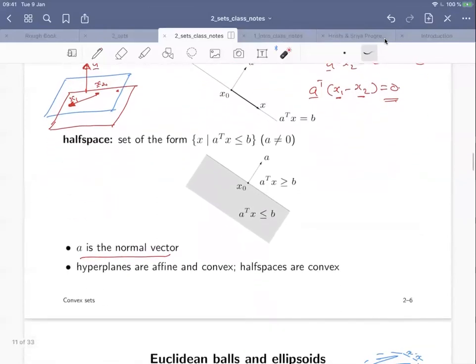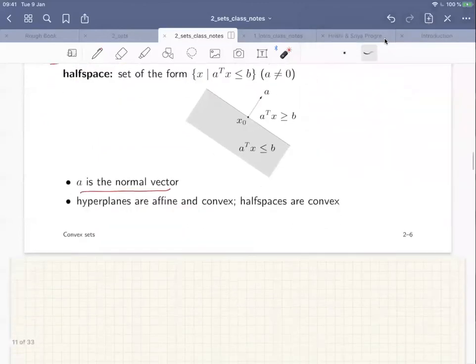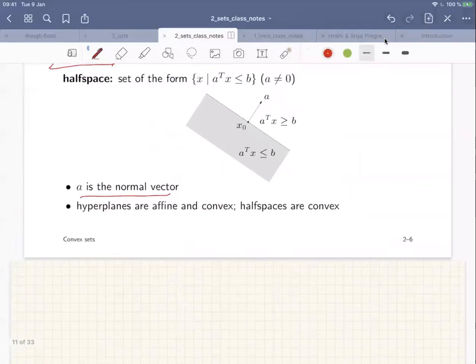Now we see that hyperplanes are affine and convex. Why? Because it's very easy to see. Let's take a hyperplane C. So how do you define it? It is X such that A transpose X equal to B, right? Of course, A should not be 0.